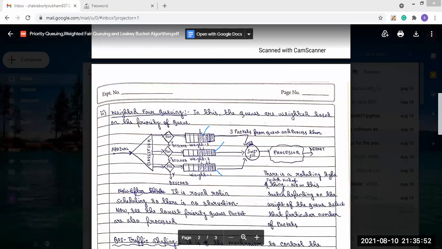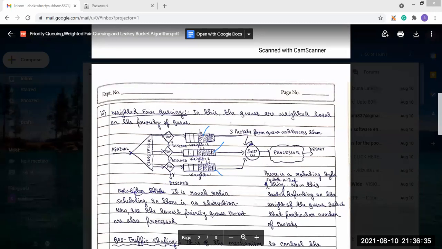Depending on the weight of the queue, a particular number of packets is chosen. This switch is rotating. The weight here is 3, so this is the highest priority queue.